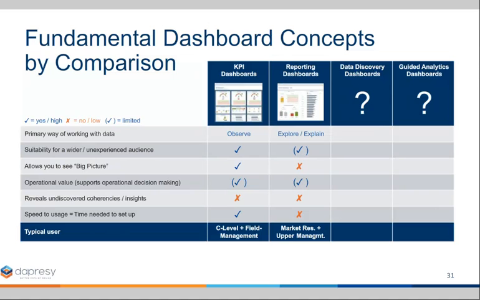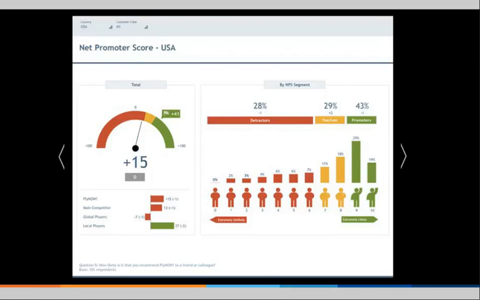It's normally not as good for an unexperienced audience because they might be overwhelmed by so much information. And in most cases, those reports don't provide a big picture first, which is essential for unexperienced users. It has, to some extent, operational value.